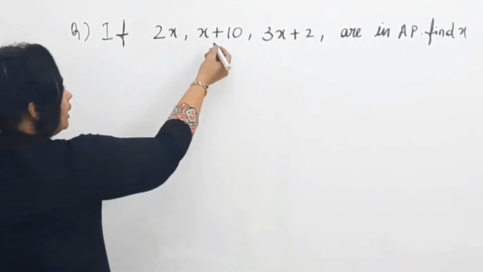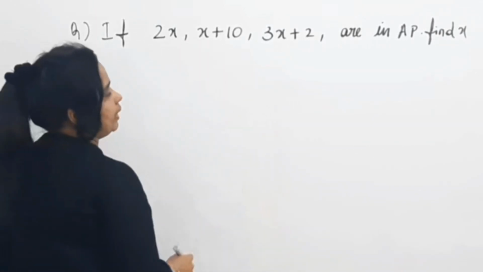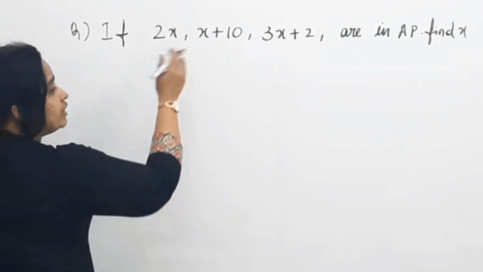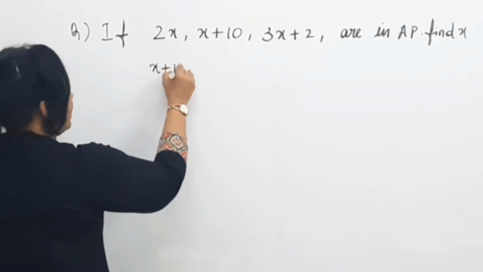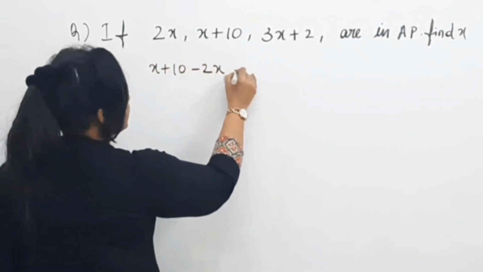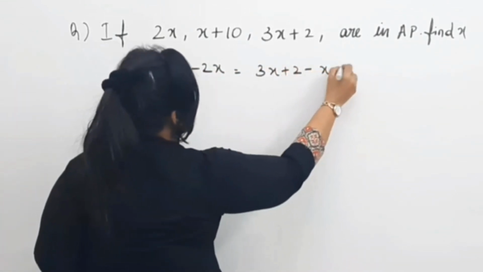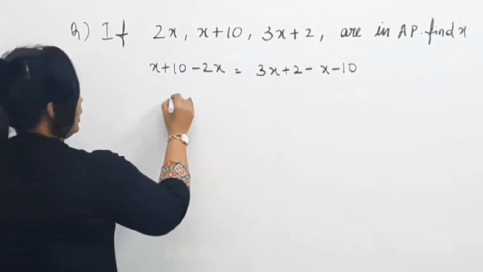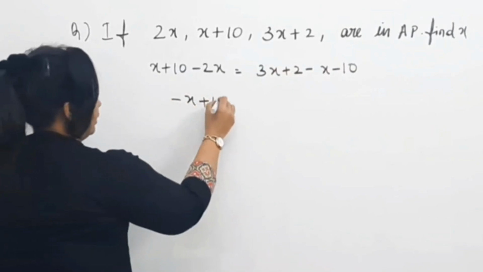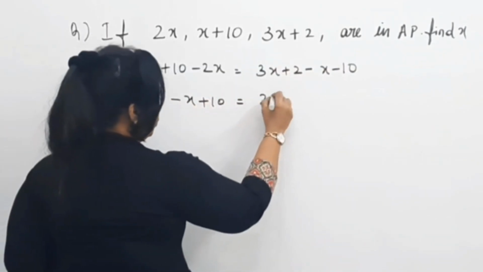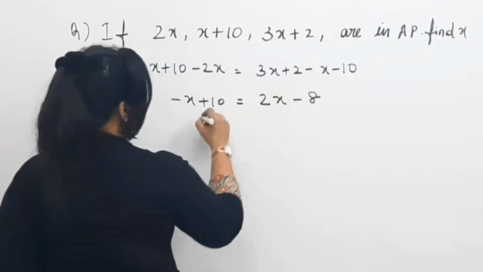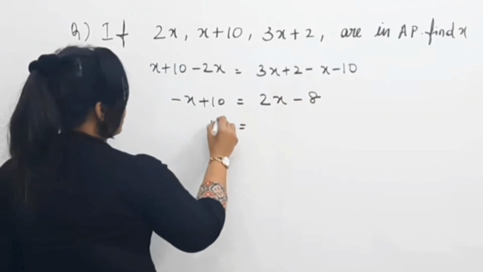And if 2x, x plus 10, 3x plus 2 are in AP, find x. Now, you know that it is given it's in AP, so the common difference is the same. So x plus 10 minus 2x is equal to 3x plus 2 minus x minus 10. So I would have minus x plus 10 is equal to 2x minus 8. So bring it to the same side. This becomes 18.